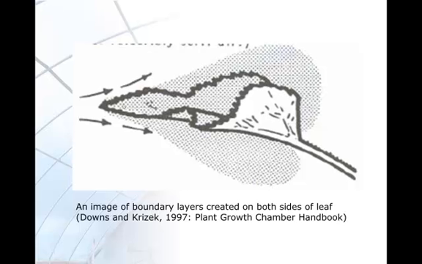This is depicting that windward boundary layer is much thinner than leeward boundary layer, which is thicker. And this thickness of boundary layer directly determines the size of the buffer capacity, in other words, resistance to the gas exchange, and also heat exchange.